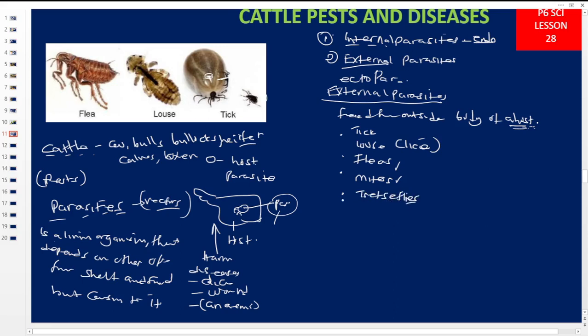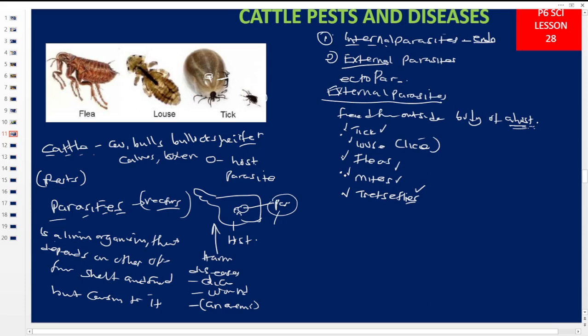All these are external parasites: the ticks, the lice, the fleas, the mites, the sese flies. They all feed from outside the body of that animal.